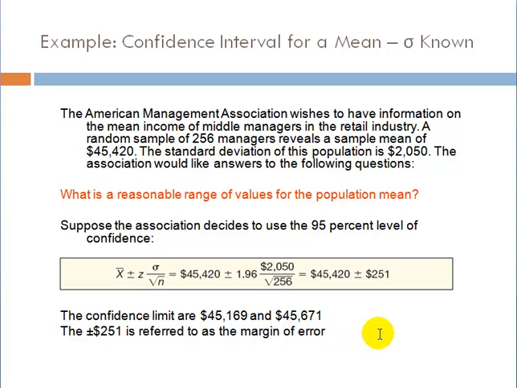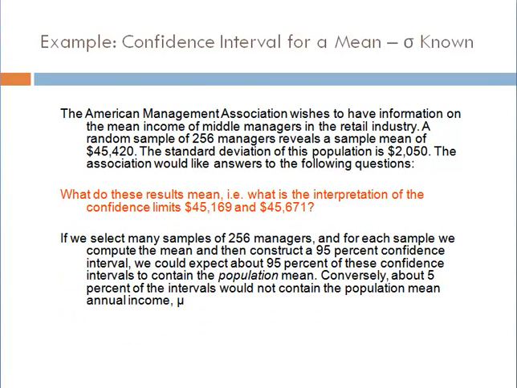So how do we explain this? Check the next slide. So what do these results mean? What is the interpretation of the confidence limits 45,169 and 45,671?